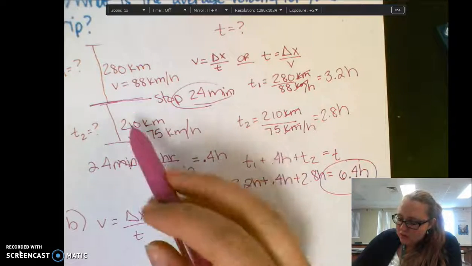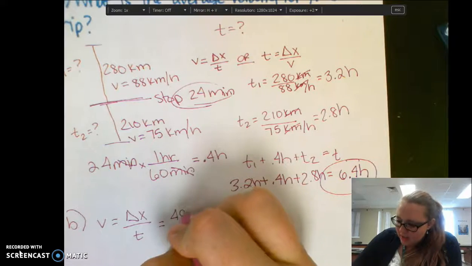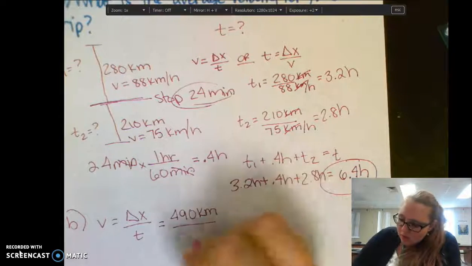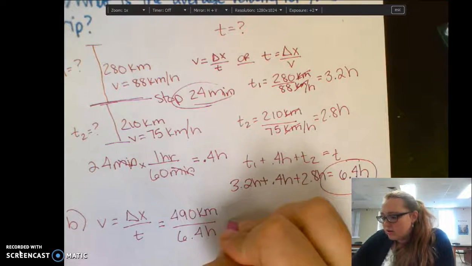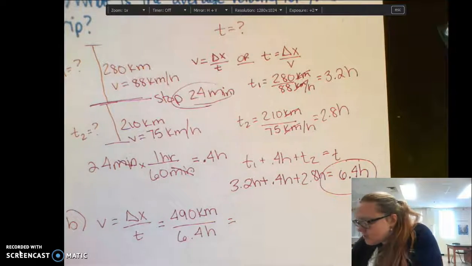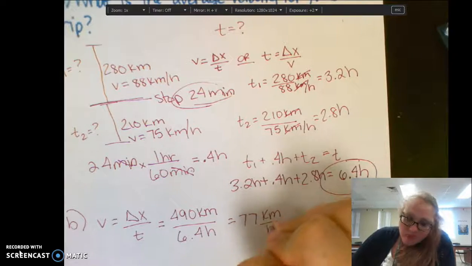So 280 and 210 is 490 kilometers over 6.4 hours. You get 76.5 or 77 kilometers per hour.